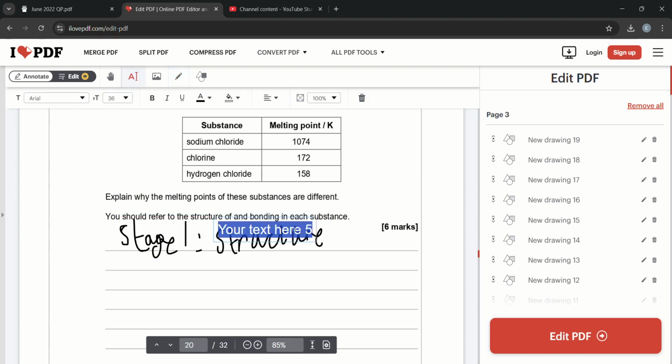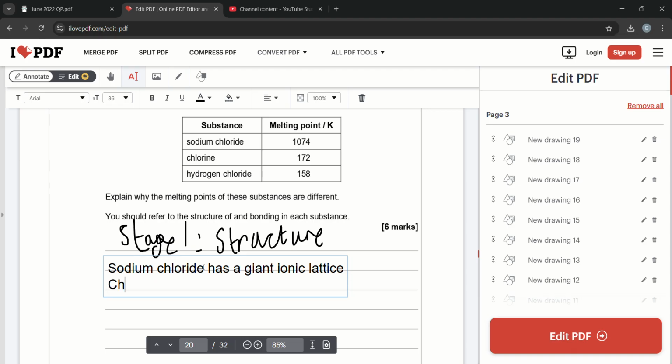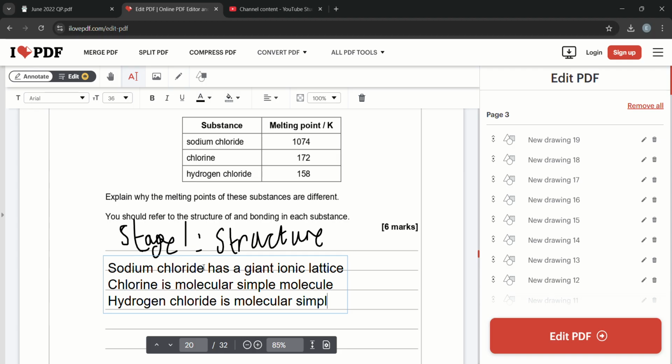We know that sodium chloride has a giant ionic lattice. Chlorine is a simple molecule, and hydrogen chloride is a simple molecule.